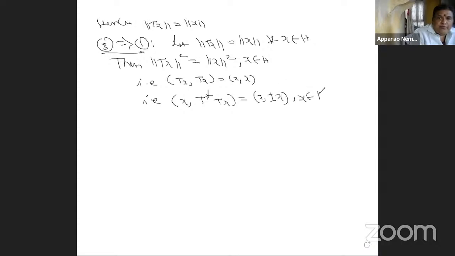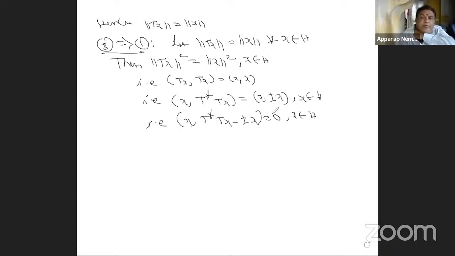That is, inner product of x, T star T x minus I x equals 0 for all x in Hilbert space.